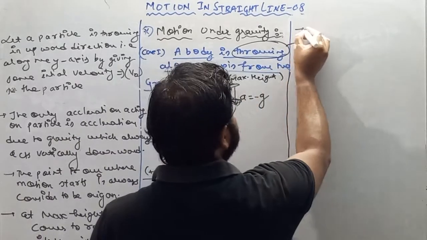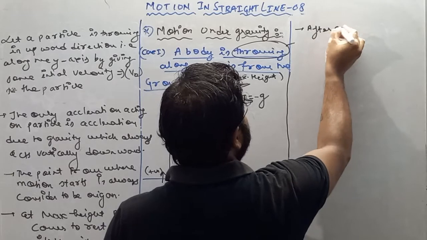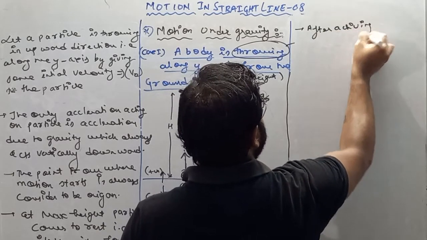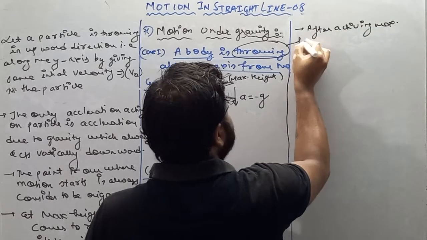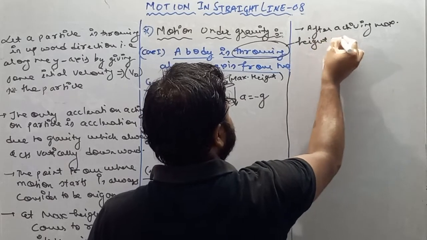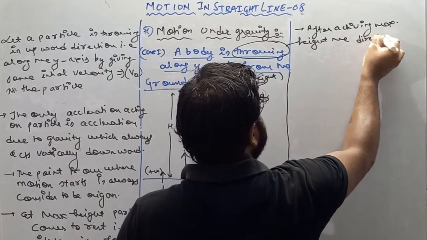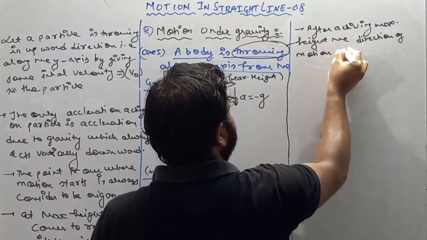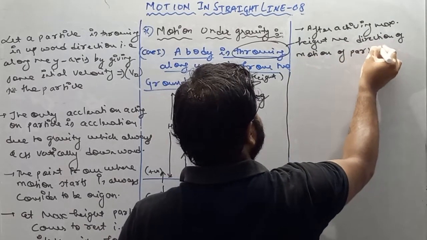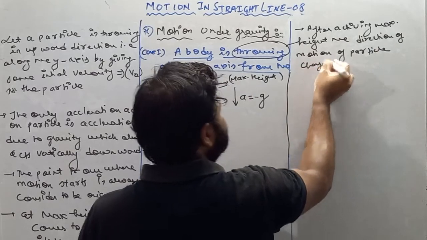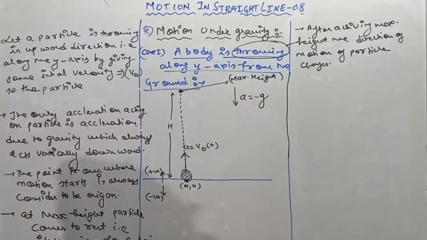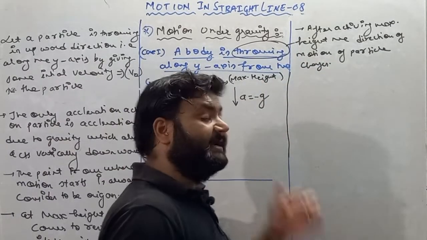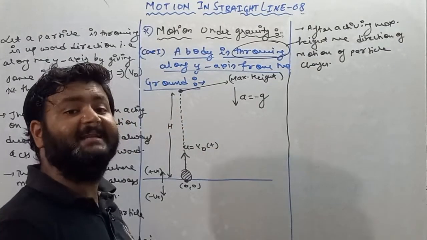So I'll write here, after achieving maximum height, the direction of motion of the particle changes. Remember this thing, after achieving maximum height the direction of motion of the particle changes.